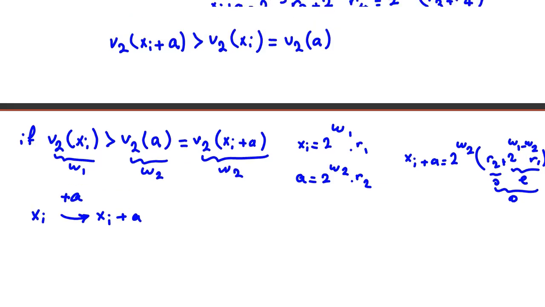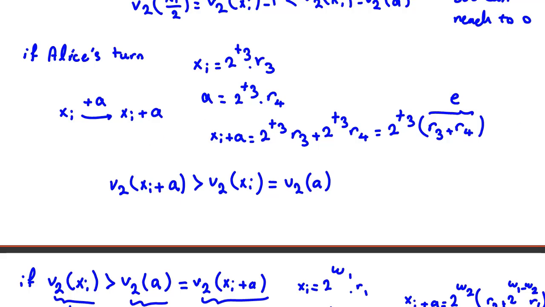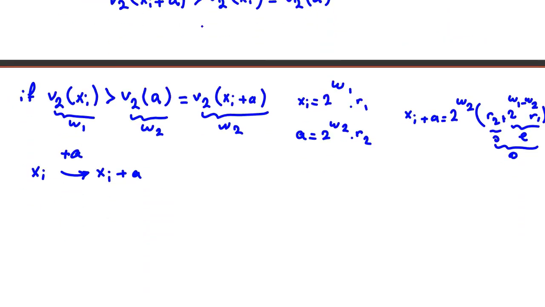Now here we've reached this step again, so let's see what we can say. I want to prove that if v2 of xi is greater than or equal to v2 of a, Alice can do something so that the number is always even. Why? Let's see.